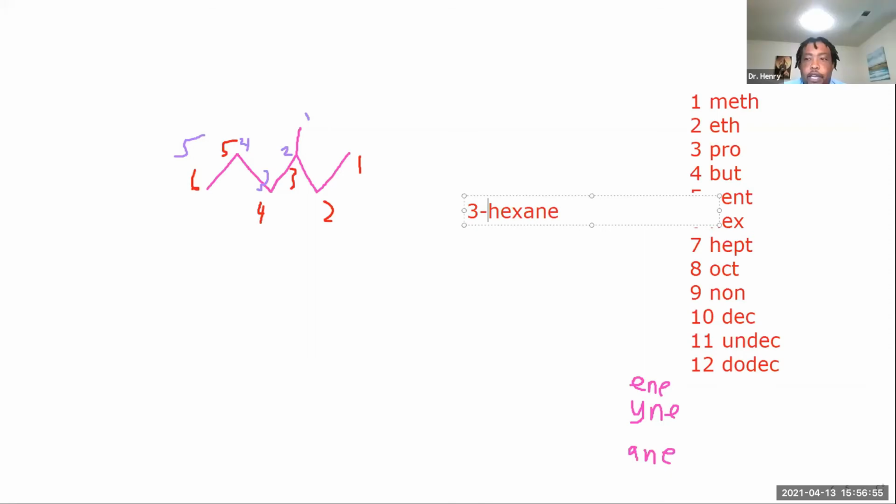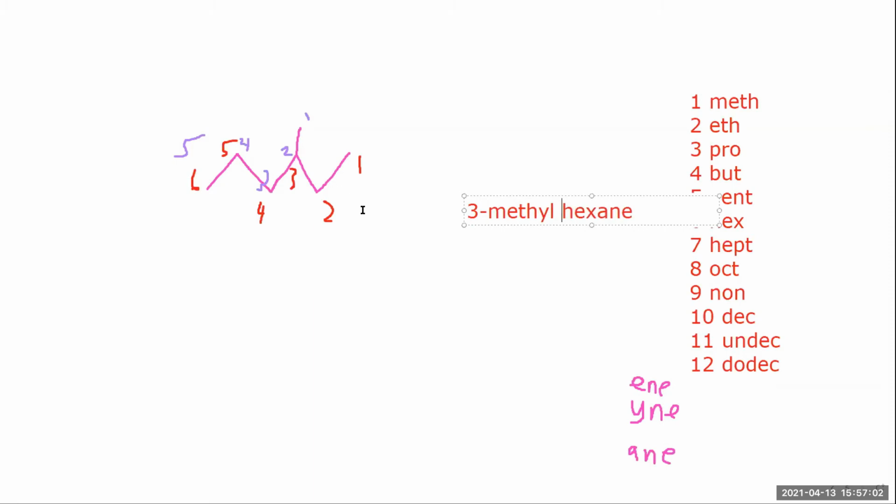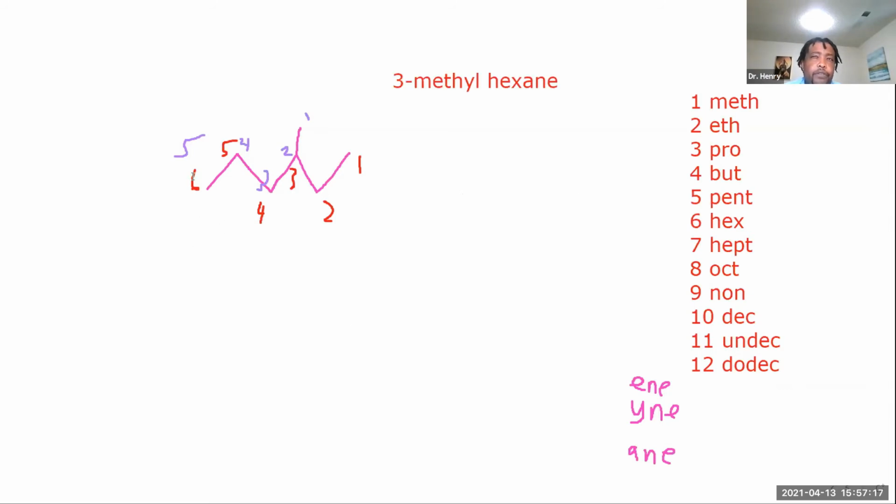That's okay. 3-methylhexane. So that tells me that on the 3rd carbon, 1, 2, 3, I have a methyl group hanging on. Okay, does that make sense?